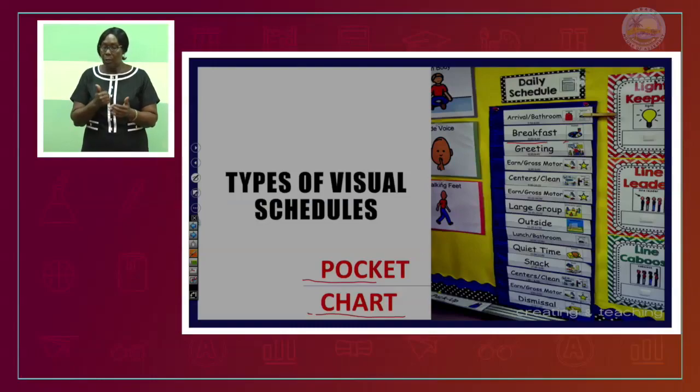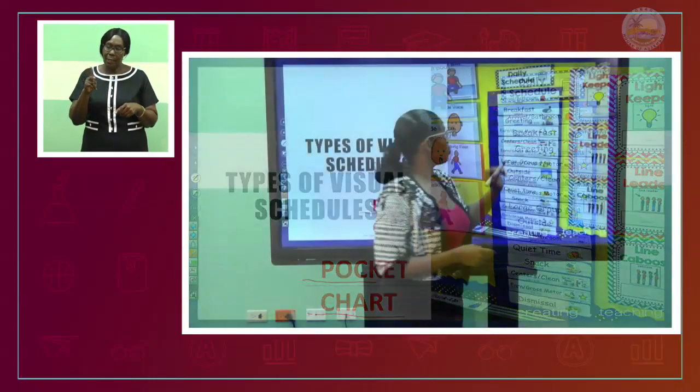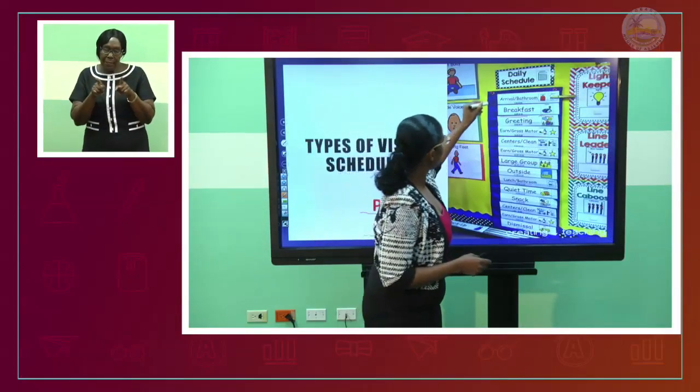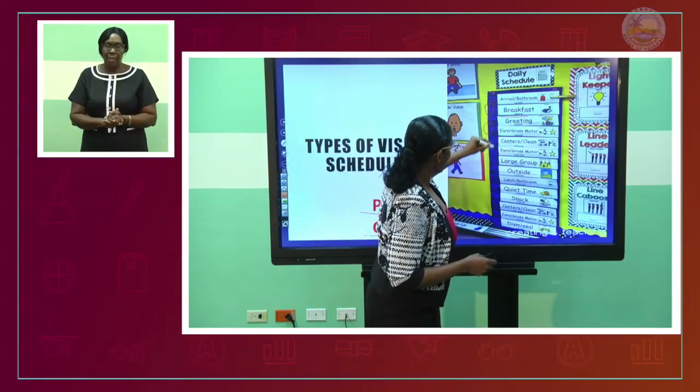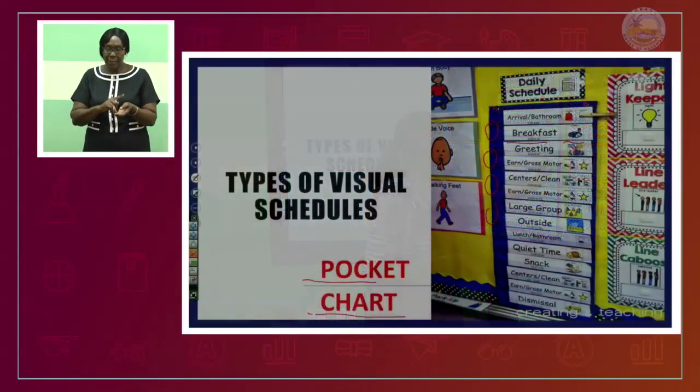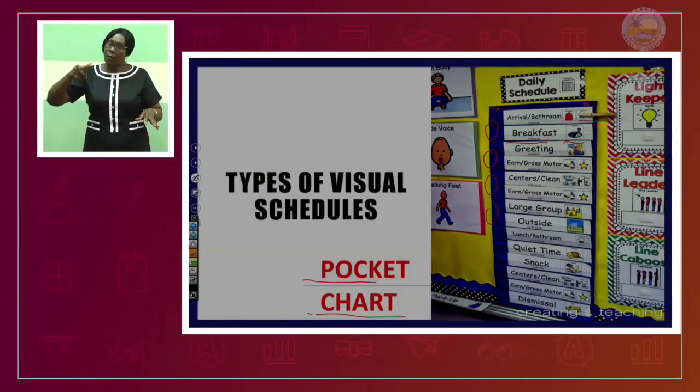So you would have the picture of the breakfast. You would have the word, which we call a task card, breakfast. The time is very little. You can have time here where they can see the time for each area. When it is completed, you have a clothespin or something that you use to indicate that that activity has been completed.